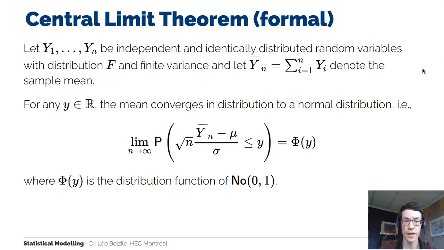Y bar n is going to be the sum of the Y's divided by n, denoting the sample mean. And then what the central limit theorem tells us is that the mean converges in distribution to a standard normal once suitably scaled. So you'll notice I'm talking about the probability of being less than or equal to y, and that holds pointwise for every y.